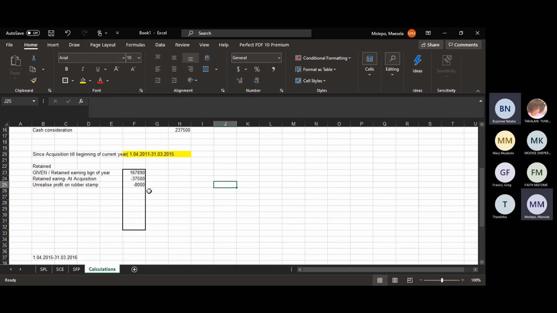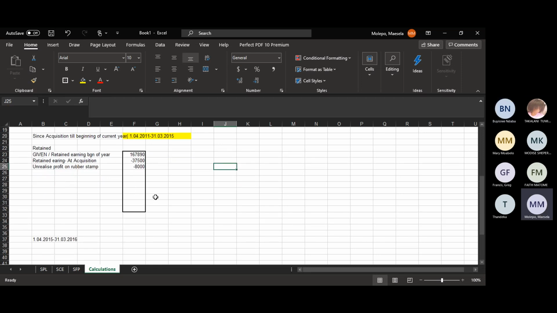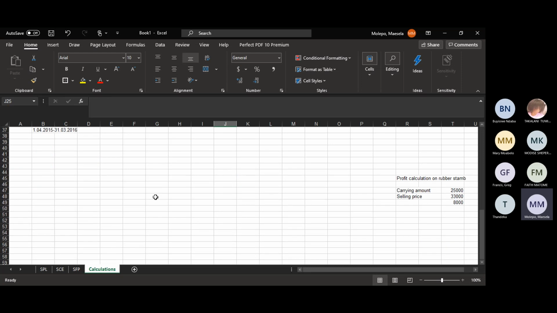Now this asset was sold on 1 January 2015. So the period of 1 January 2015 up to 31/03/2015 is how many months? January, February, March. 3 months.